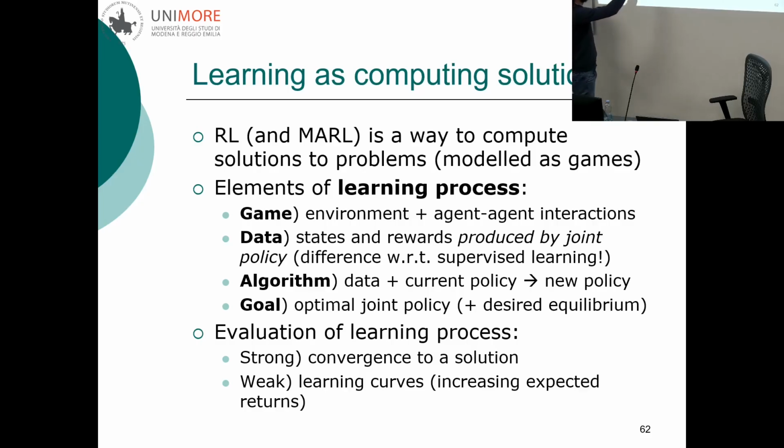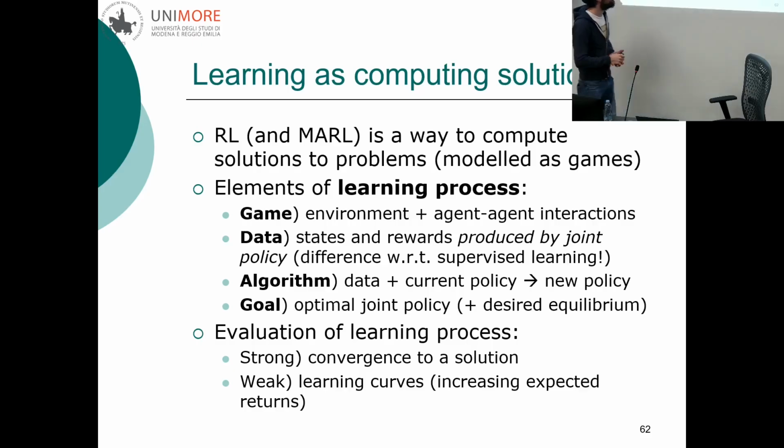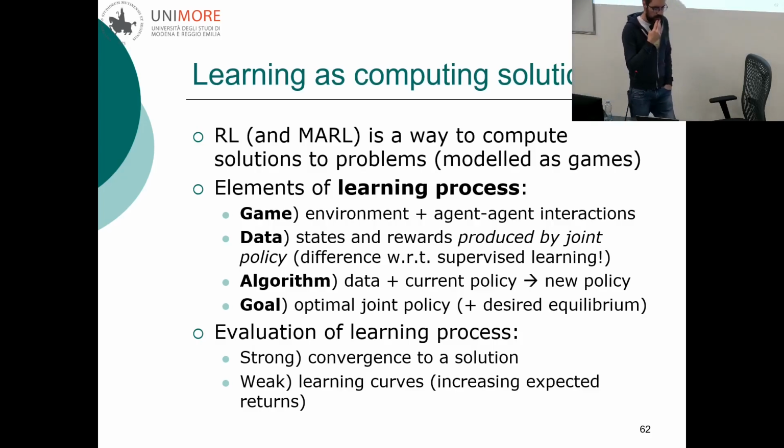So basically you need a model of the environment that the agent will interact with, and also to define what the interactions are: what the actions are that the agent can do, what the observations are that the agents can get from the environment, and the reward. Then you need some data. This is maybe a bit weird because we never spoke about data here.